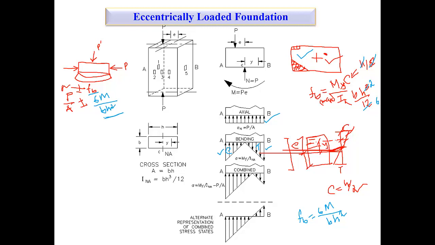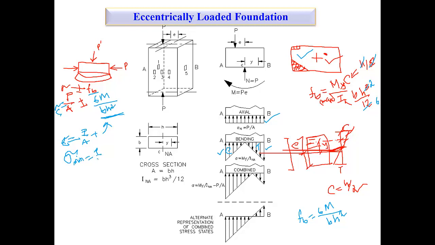So if you reduce this value, the flexural stress, which may be tensile stress, and I consider this as sigma, the combined stress, sigma C. So for the maximum we find P by A plus this one, right? And for the minimum one, what will happen?